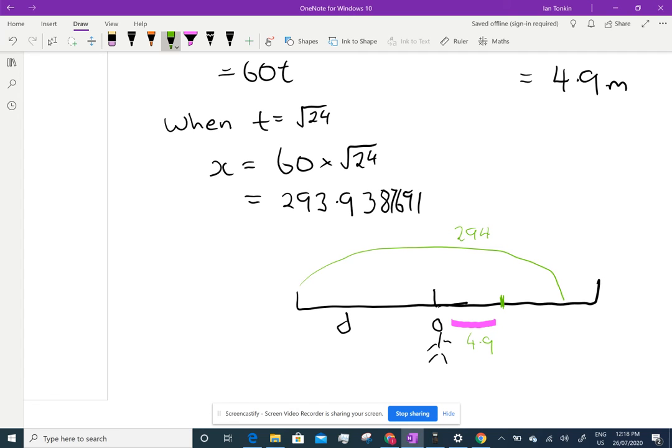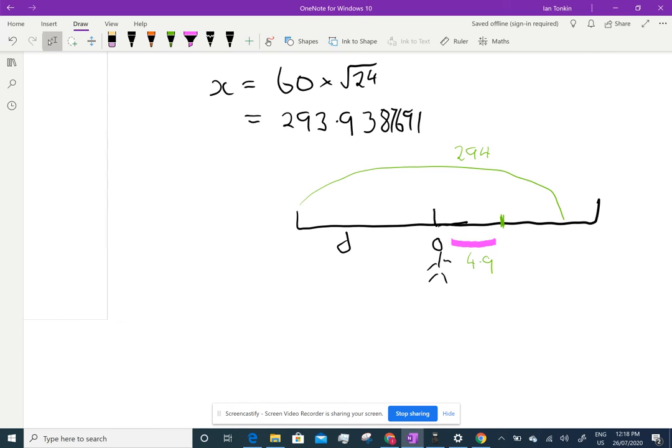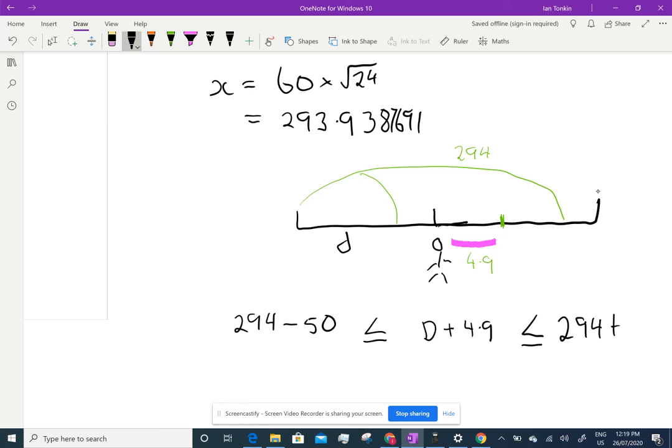The sailor has to be within, or this could be 294. It doesn't matter. So the distance is going to be d plus 4.9. And that has to be between 294 minus 50 and 294 plus 50, because it's got to be within 50 meters either side.